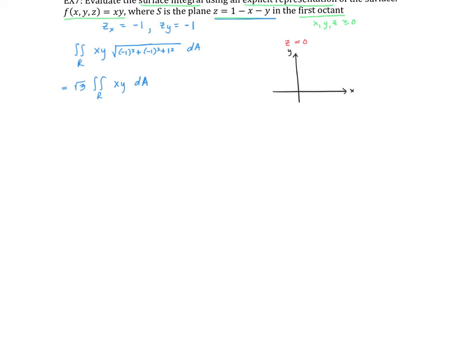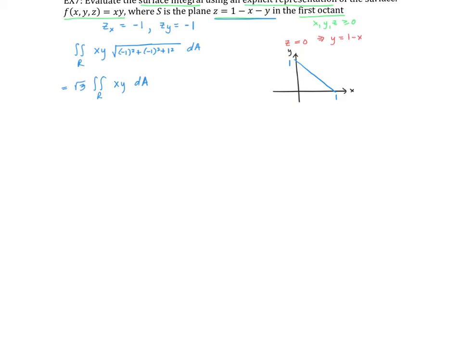So if z is equal to 0, I could solve it for y and write y equal to 1 minus x. Or I could solve it for x and write it as 1 minus y. It doesn't really matter. The reason I have to do that is because I need to figure out these limits of integration. So that's what it looks like.